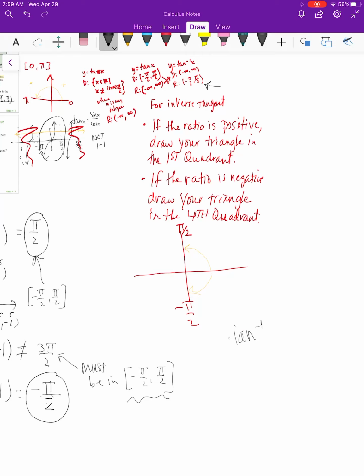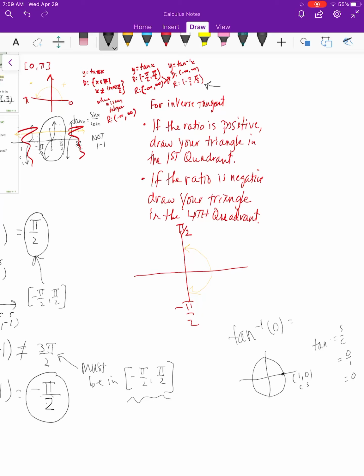So if I said, what is the inverse tangent of 0? You'd be like, well, that's positive, I guess. No, it's not really positive. Am I in the first quadrant? Am I in the fourth quadrant? No, you're actually on the axes. So you would draw the unit circle and you'd say, this is the point 1, 0, cosine sine. I know that my tangent is sine over cosine.